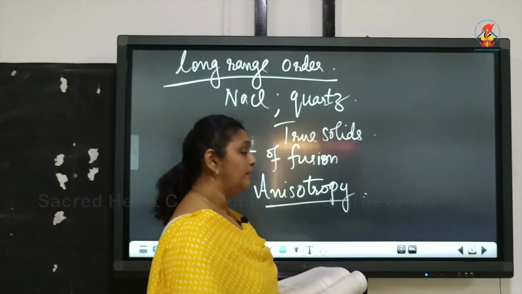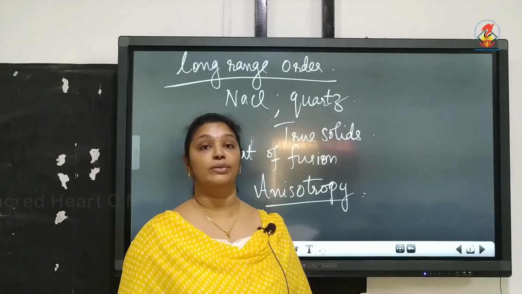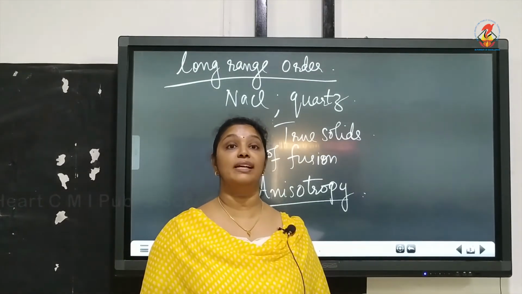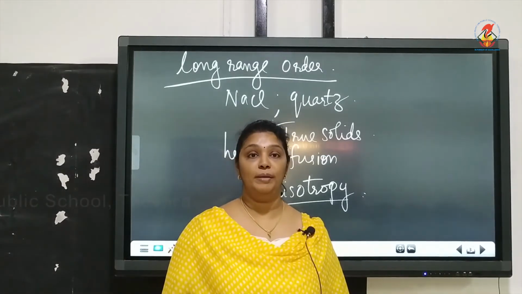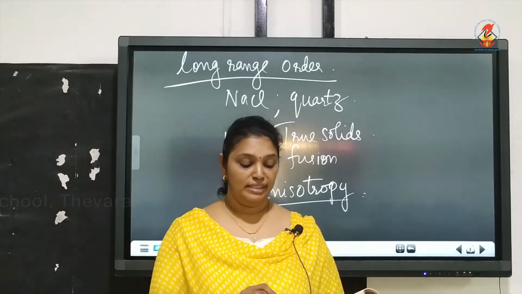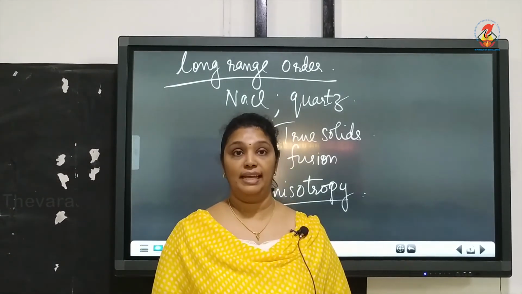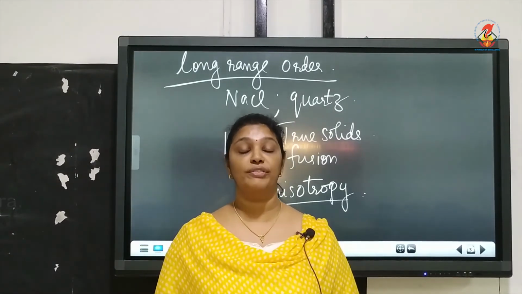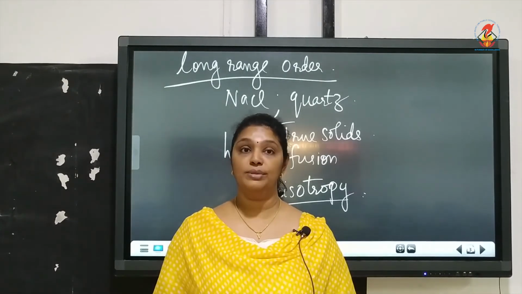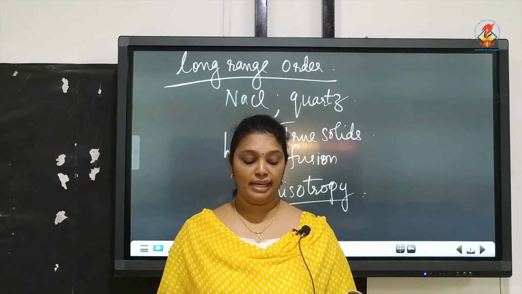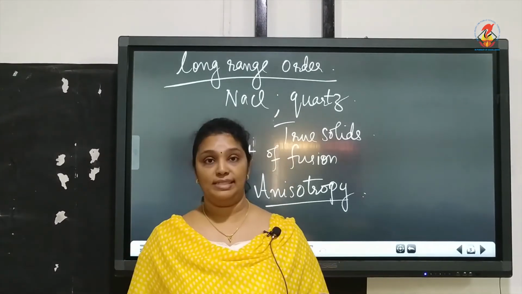Now, what do you mean by anisotropy in crystalline solid? Or we can say crystalline solids are anisotropic in nature. Anisotropy means the different physical properties like electrical resistance and refractive index have different values when measured along different directions in the same crystal.